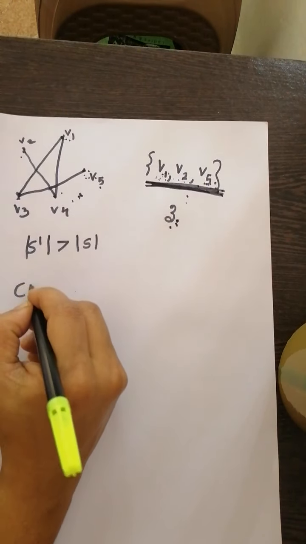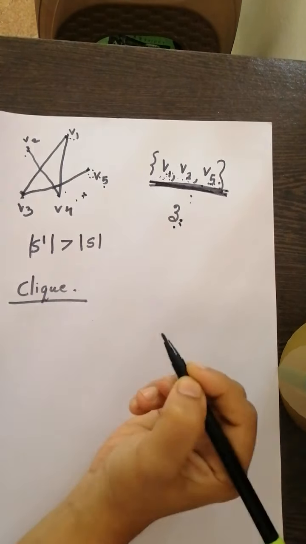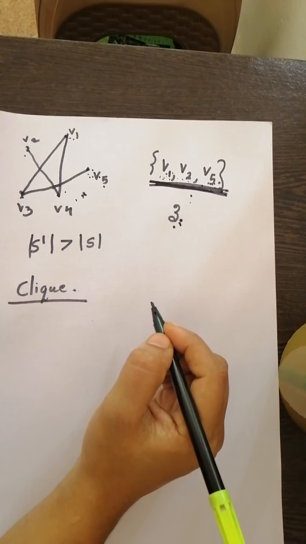Next we are going to discuss another definition, which is clique. A clique in a graph is a set of pairwise adjacent vertices.